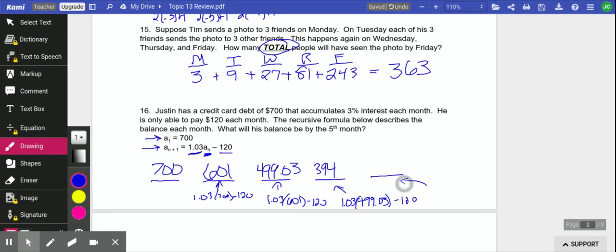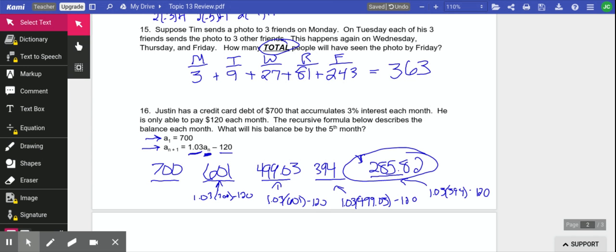And then finally, the fifth month, his interest is charged again on that $394, but he's going to make a payment. So 1.03 times 394 minus 120. And so by the fifth month, he owes $285.82. So that's his balance by the fifth month. Okay, so that was just a recursive formula like we saw before.